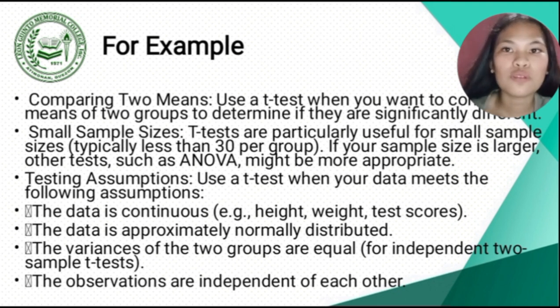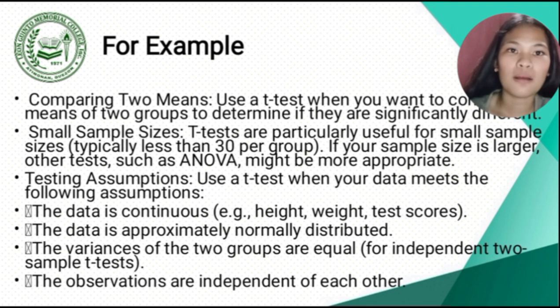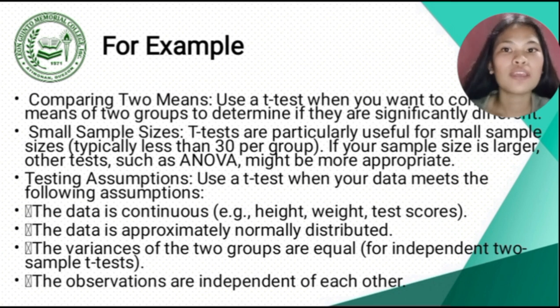You can also use it for small sample sizes. T-tests are particularly useful for small sample sizes, typically less than 30 per group. Just like what I have said earlier, if your sample size is larger, you can use ANOVA. The result might be more appropriate.